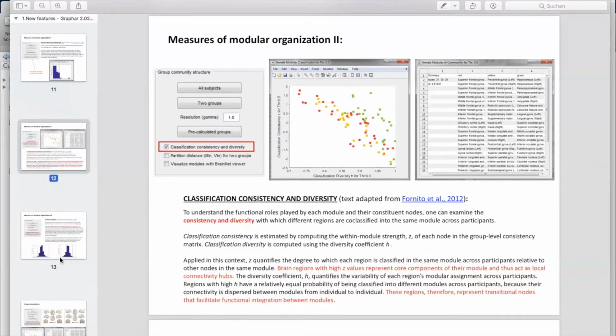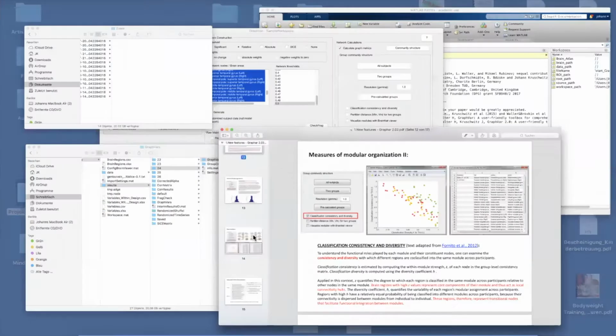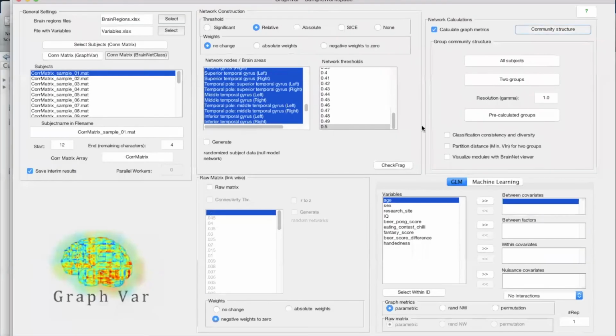Okay, now let's run an example analysis for you in GraphVar. So we are here in our group community structure panel, and now I want to do a comparison between two groups, and I want to calculate the classification consistency for making inferences about the specific role of nodes with respect to the modular alliance.